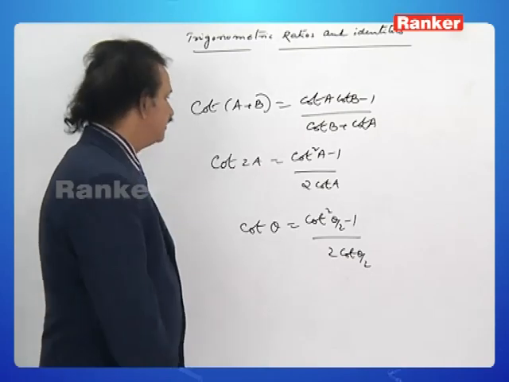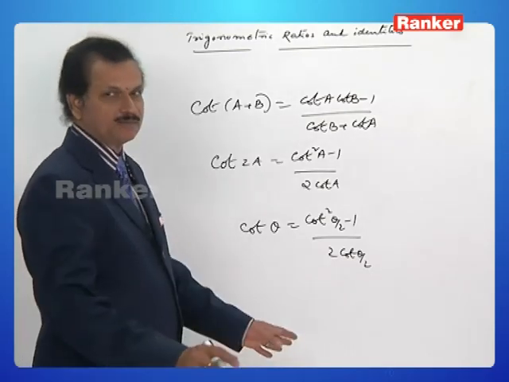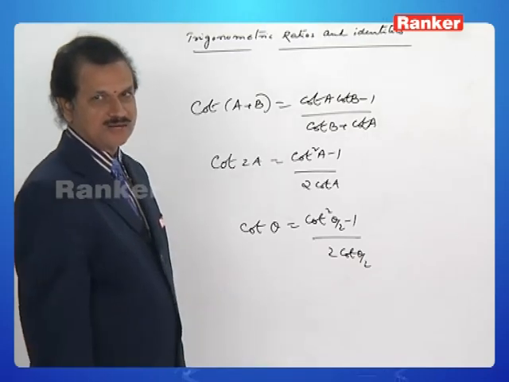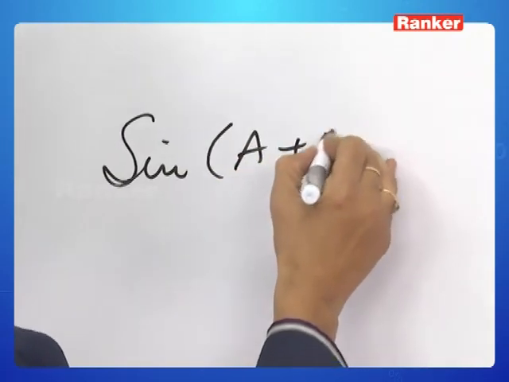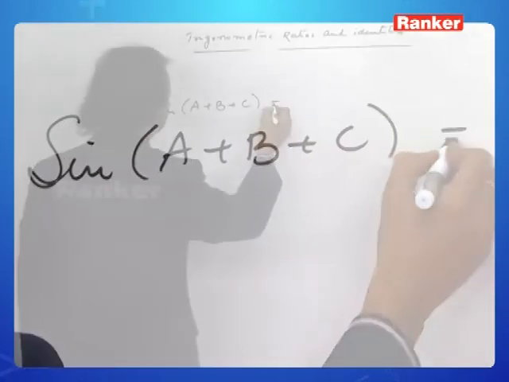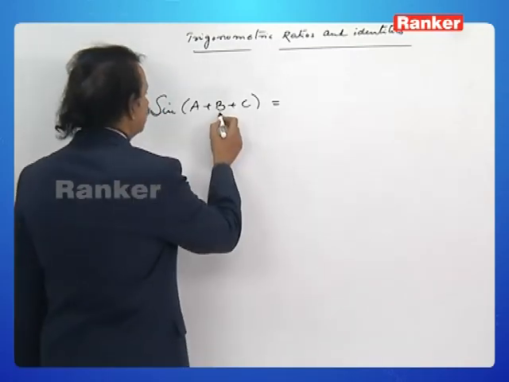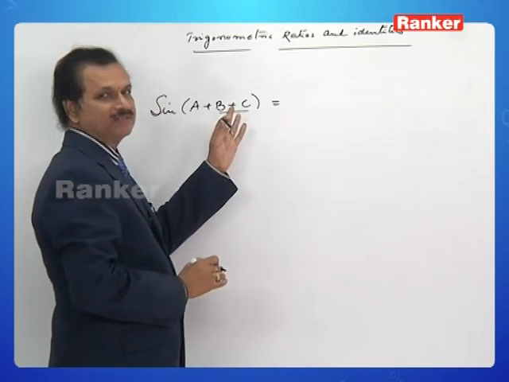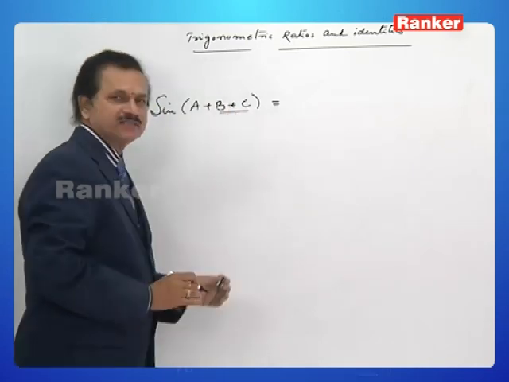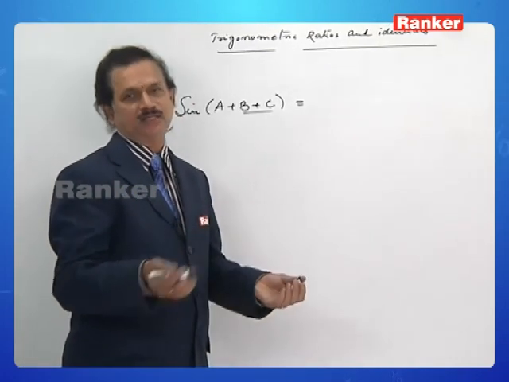Yes, another important concept in compound angles and multiple angles is a combination of those two concepts. Sine of a plus b plus c. You take b plus c as one factor. Let me call b plus c some theta. Now it occurs as sine of a plus theta, which is sin a cos theta plus cos a sin theta.